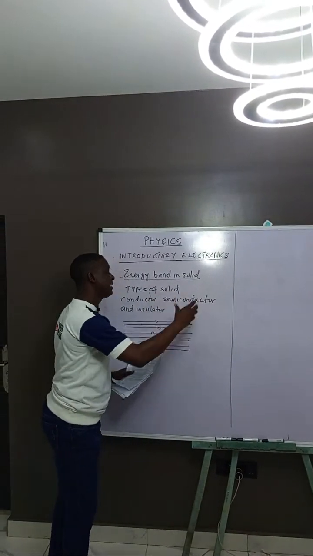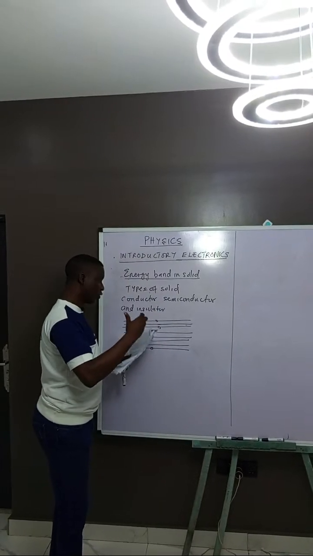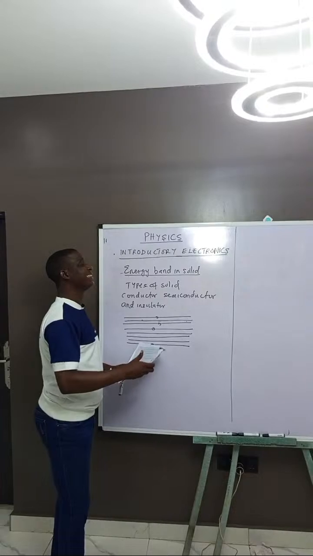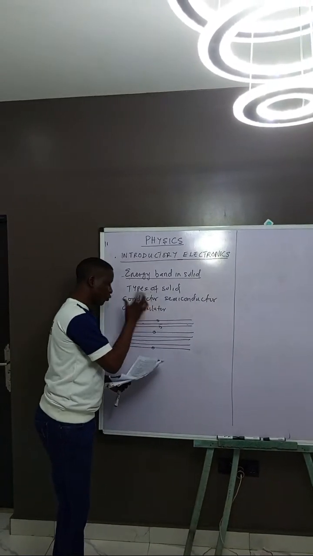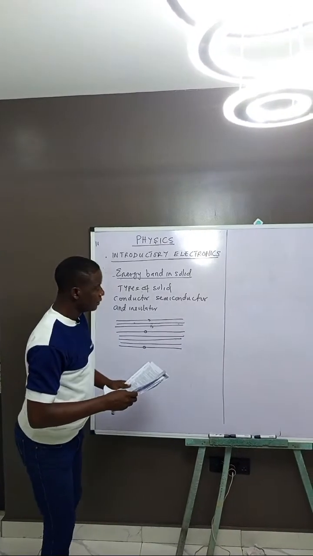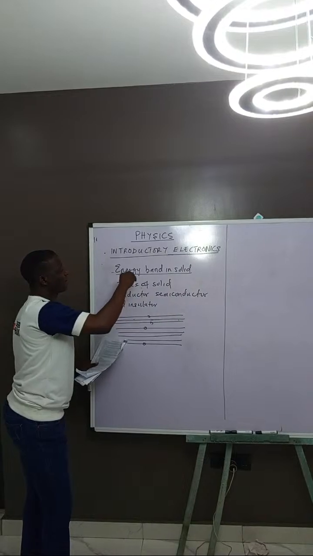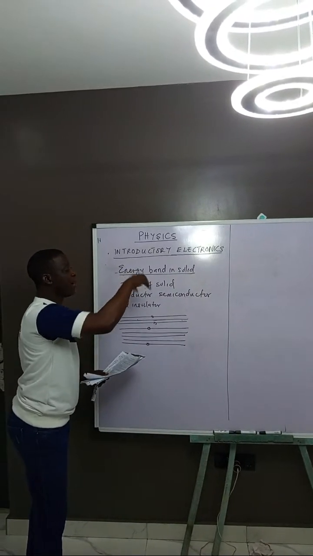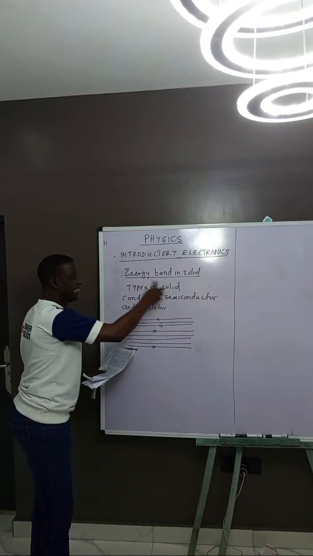Semiconductors are materials whose conductivity lies between conductor and insulator. Now, in an energy band, there are different bands that we need to talk about so that we can use them to explain these types of solid.